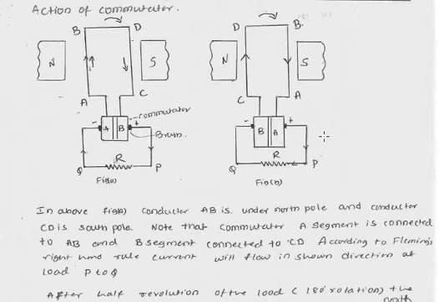On top of that, we understood the action of the commutator, where the negative cycle also gets converted into a positive cycle. That is how we are going to get the positive current only.